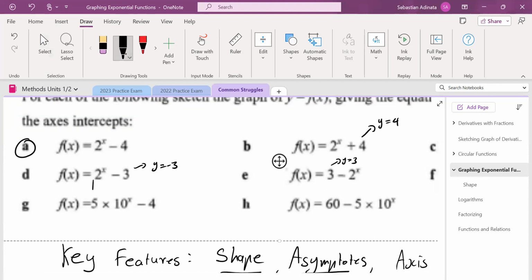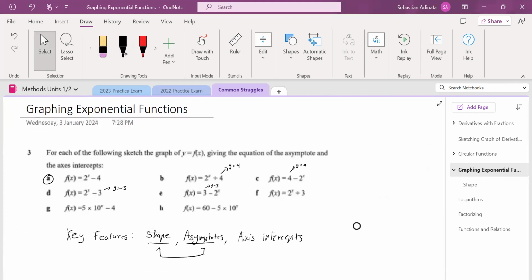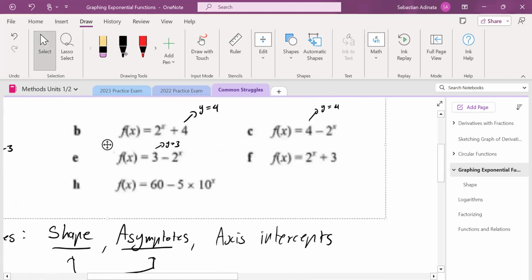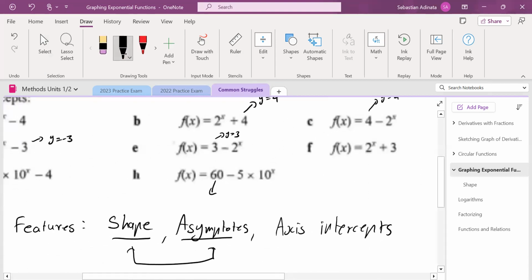And you can see how they're trying to trick you. They're shifting the 2. So it's the number that doesn't have an x to it. So in this case, the asymptote is y equals 6, not y equals negative 5. These two are attached.